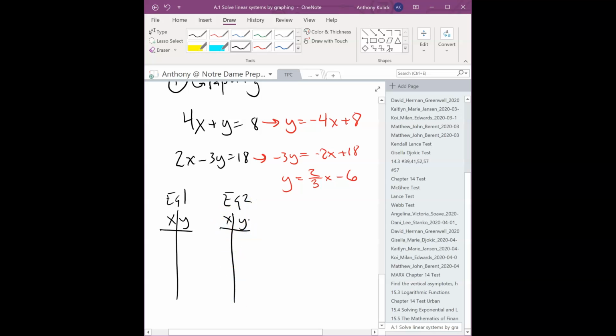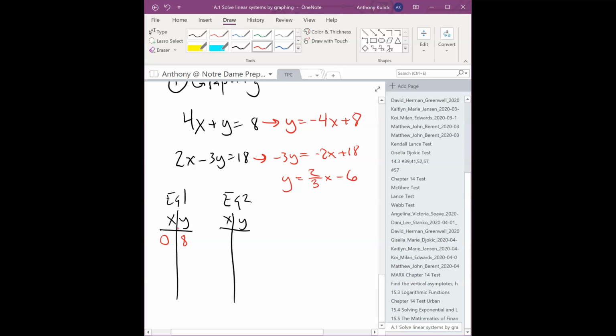And now I have the freedom to pick whatever I want for my x's, and then I'll find the corresponding y's. So maybe for the first point, I'm going to pick 0 for x, and if I plug that in up here, when I plug 0 in for x, I just get 8 for y.